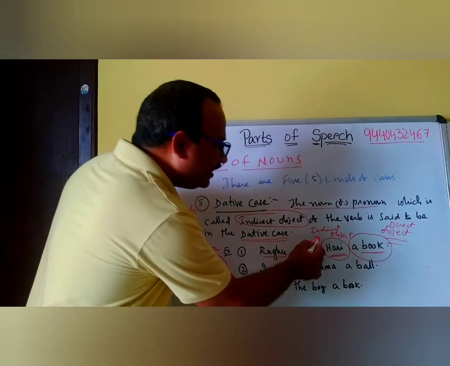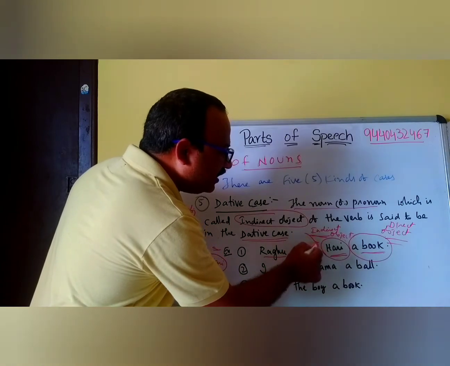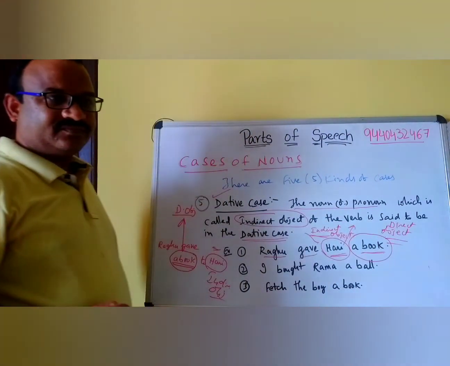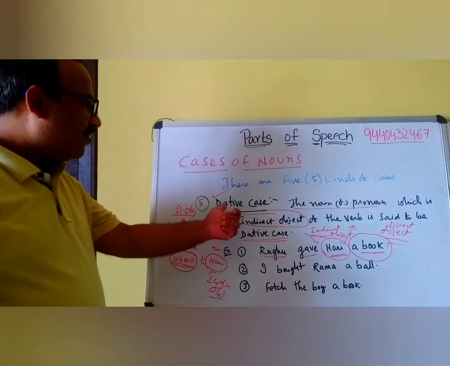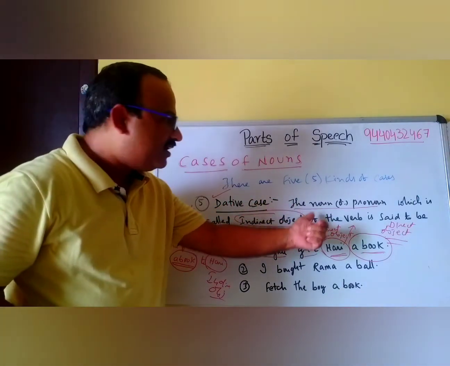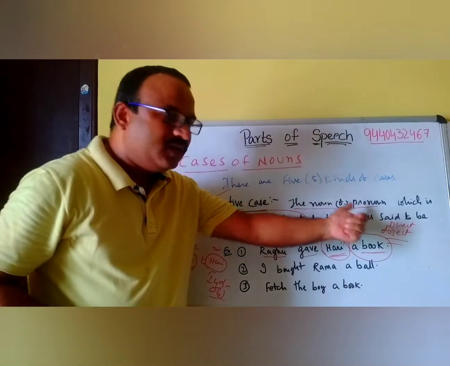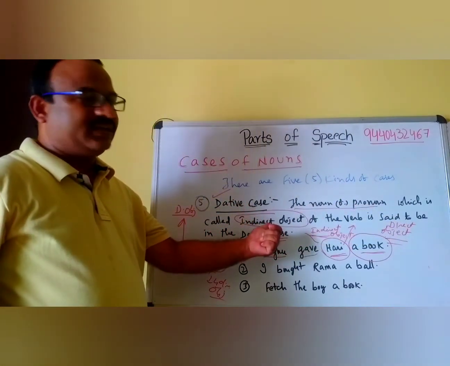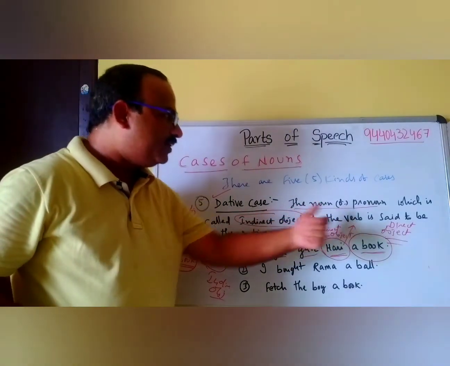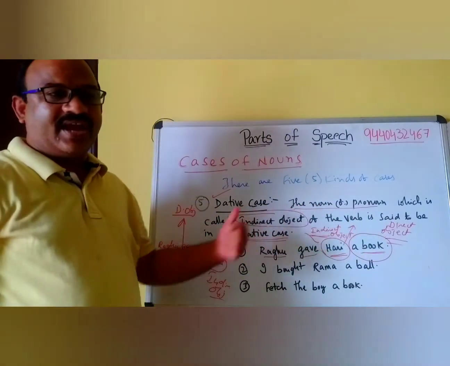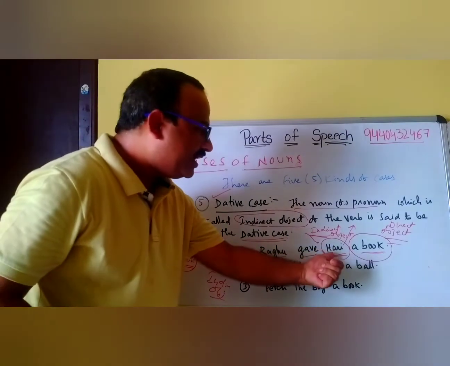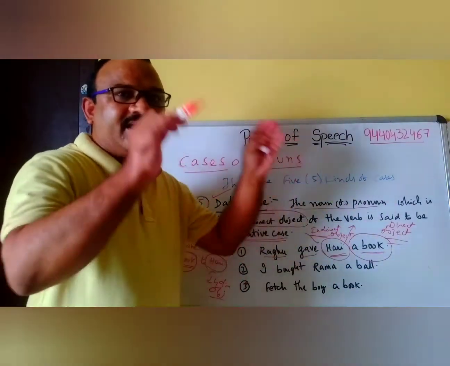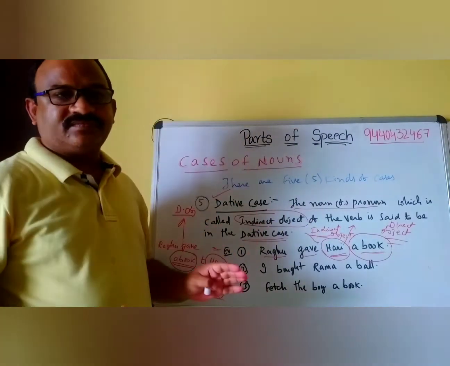So, whatever is the indirect object is in dative case. What is the definition here? The noun or pronoun which is called indirect object of the verb is said to be in dative case. Here Hari is the indirect object. So here Hari is in dative case.